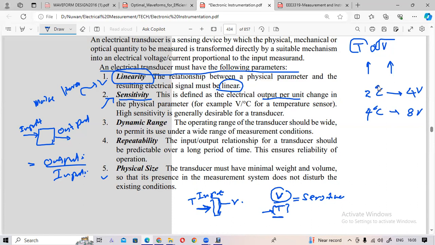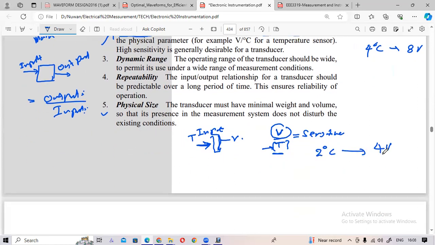For example, let's say that for 2 Celsius, the voltage changes by 4 volts. So input is 2, the output is 4. Then for unit input, that means for 1 Celsius, the voltage increment will be 4 over 2, that is 2 volt per 1 Celsius. So this is the sensitivity.